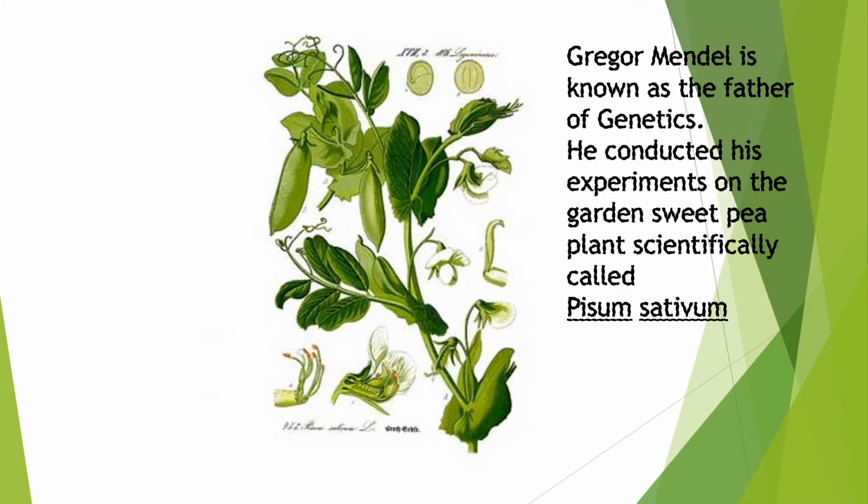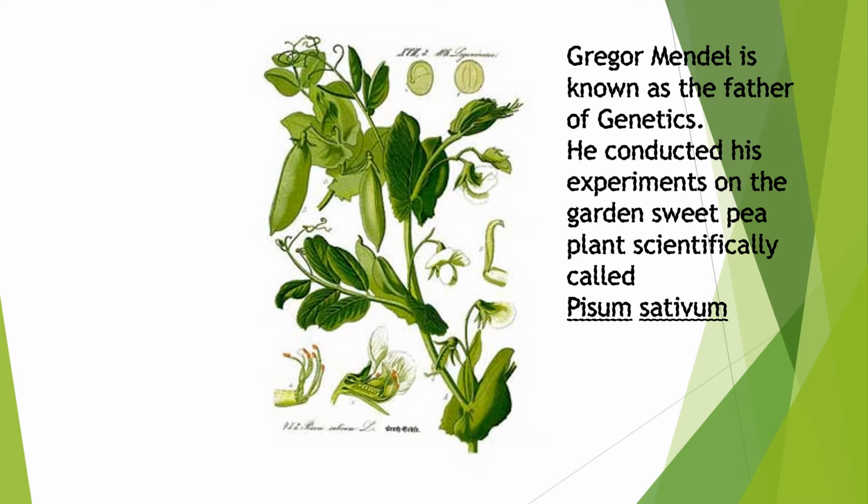The next section of our discussion is about the monohybrid cross and dihybrid cross. But before that, we need to know which organism was used as the object of experimentation and by whom.